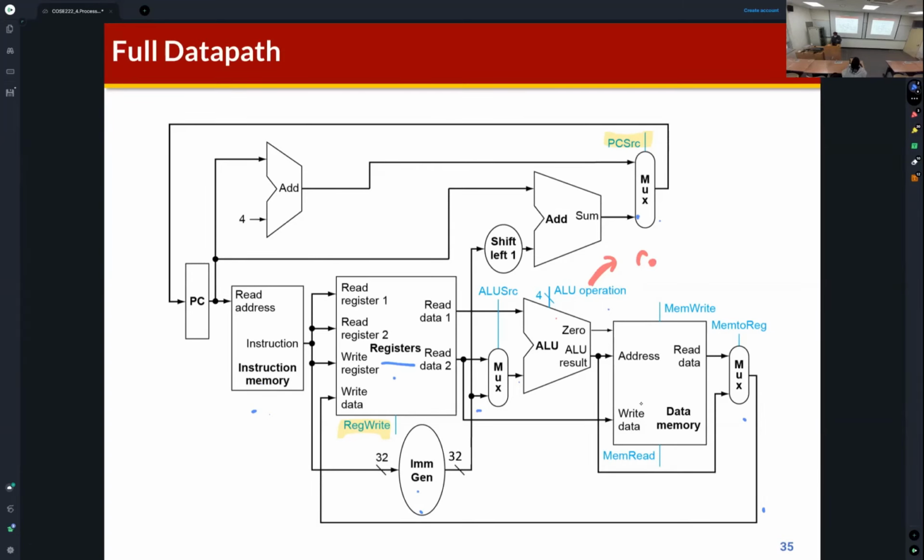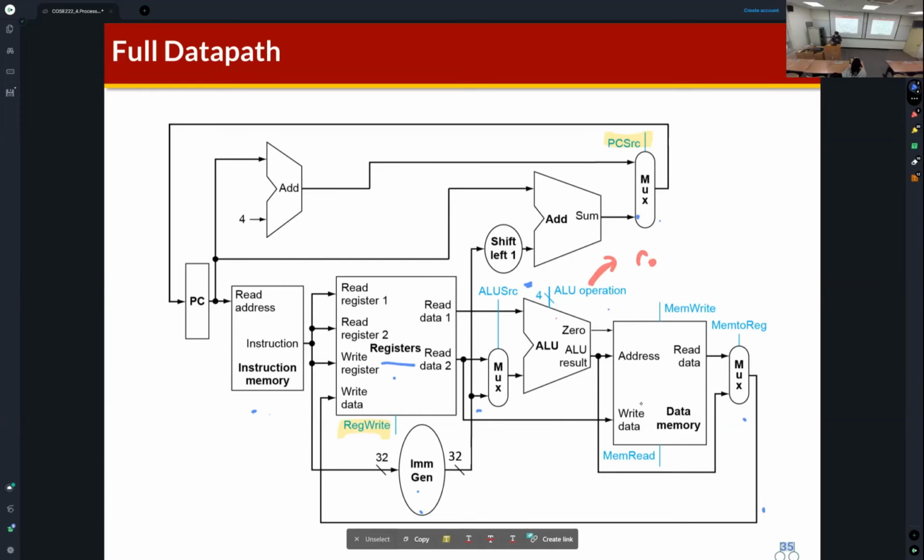If the ALU source is 0, then the output of the multiplexer is connected to this path, the I0, the first input. And if the ALU source is 1, then this port is connected to the output port of this multiplexer, right? So control signals decide the behavior of the target hardware component.